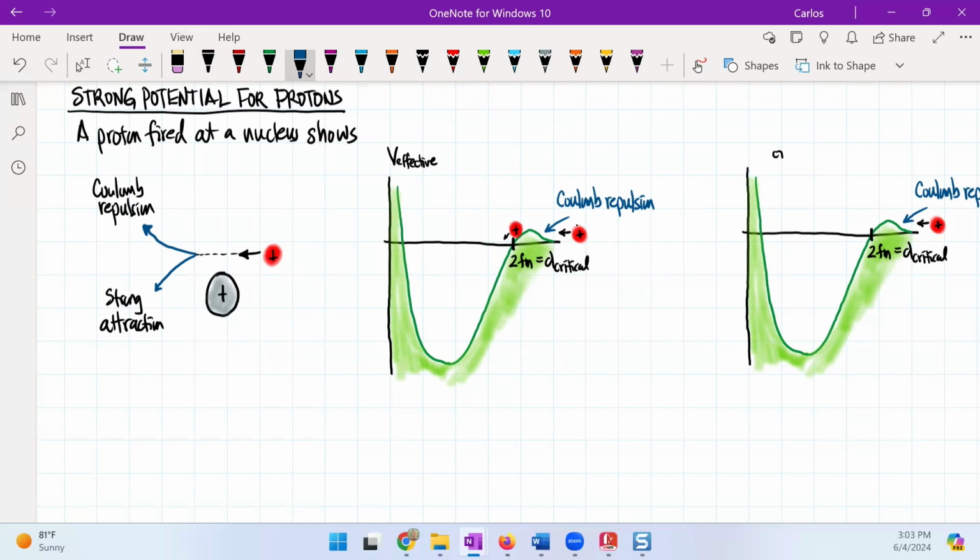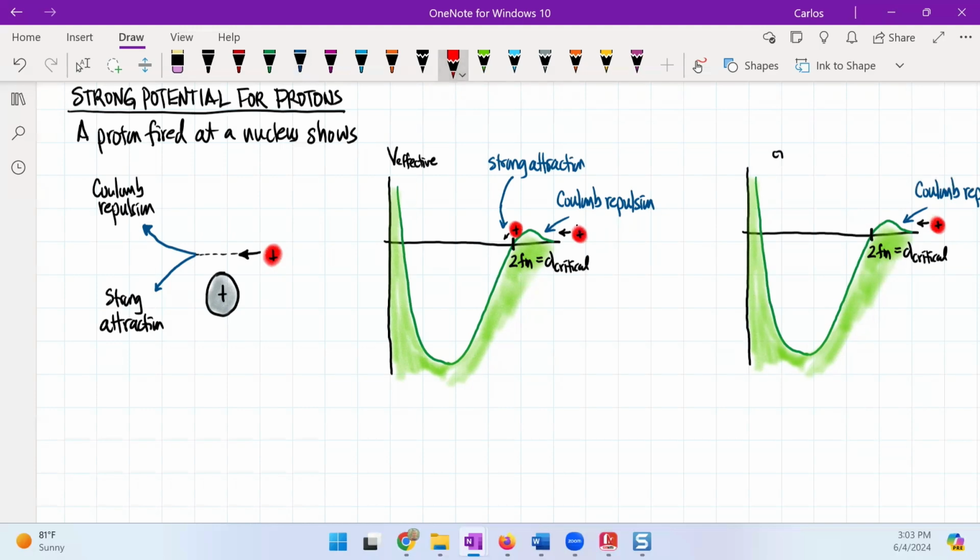Right here, what you're seeing is my strong attraction. And because the proton is speeding up, the force and the direction are the same.